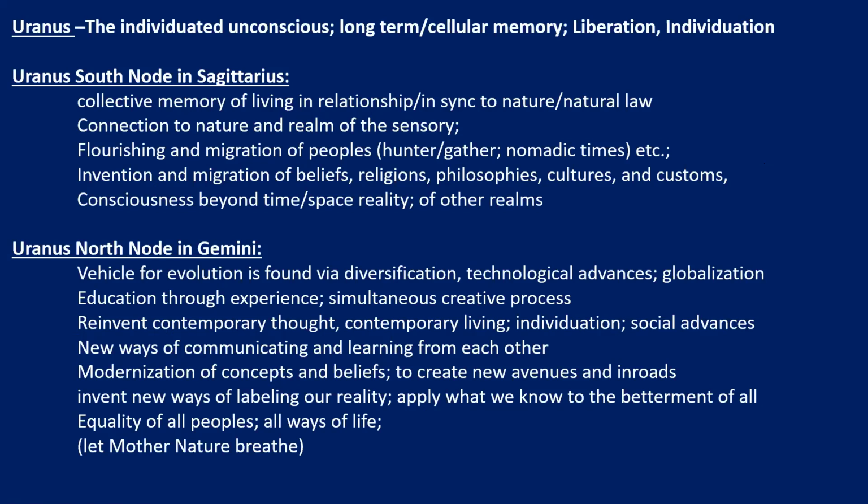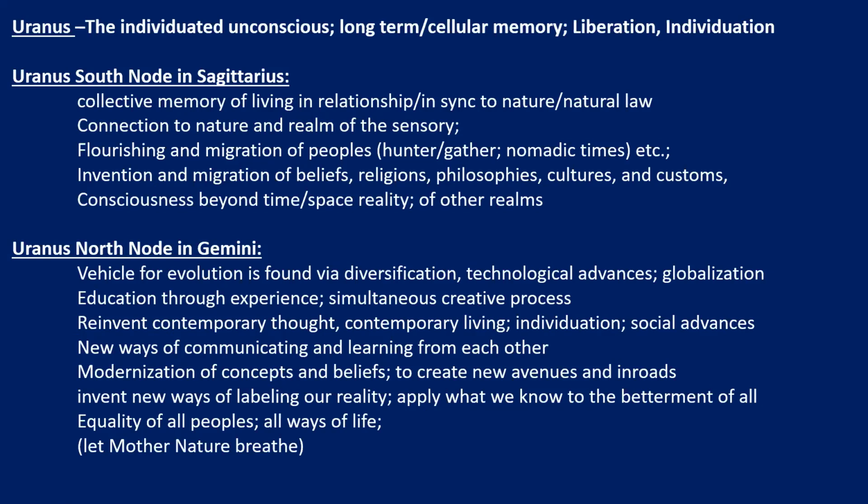The Uranus South Node in Sagittarius. Sagittarius is the archetype of nature and of natural law. It's the intuitive component as well, too. So here we have Uranus South Node in Sagittarius, representational of the collective memory of living in relationship or in sync to nature and natural law. This is our connection to nature and to the realm of the sensory or intuitive faculty, right?